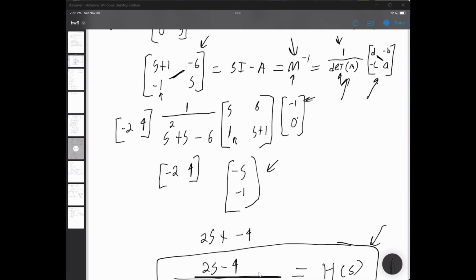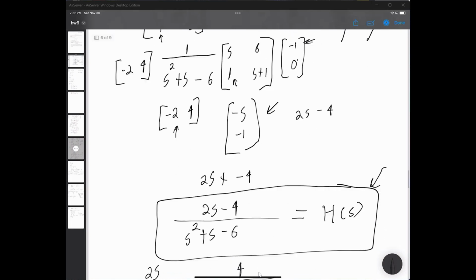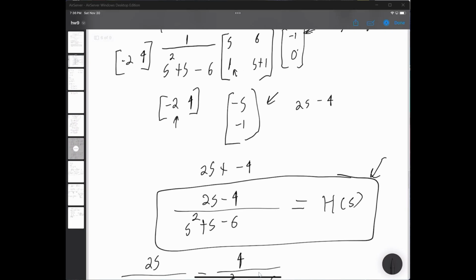You need to make sure your matrix results in a scalar, right? So let's do our matrix multiplication. Negative 2 times negative S gives us 2S. And then 4 times negative 1 gives us negative 4. You see how this is a scalar? This results in a single term that is not a matrix. And that's what is up top: 2S minus 4, over S squared plus S minus 6.